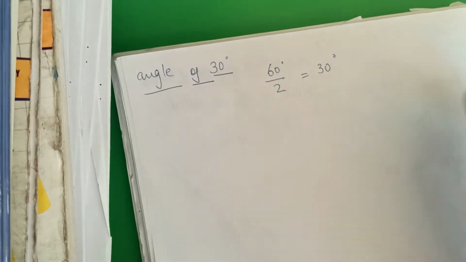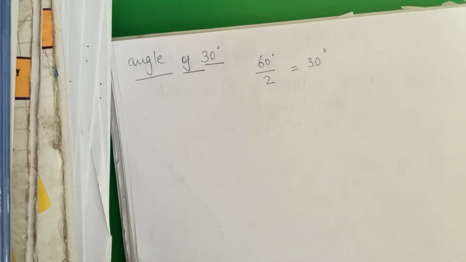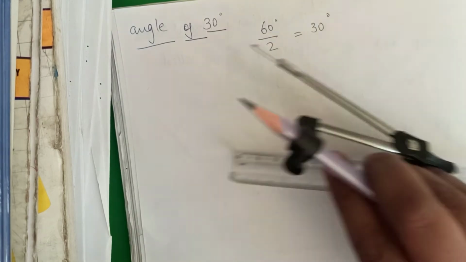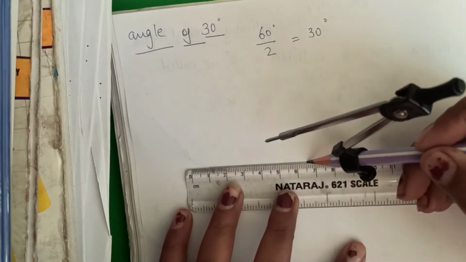Now how to draw the angle of 30 with angle of 60 degree? So firstly we will draw angle of 60 degree.